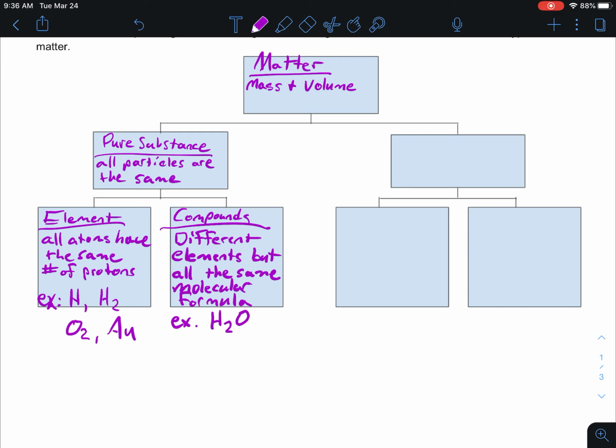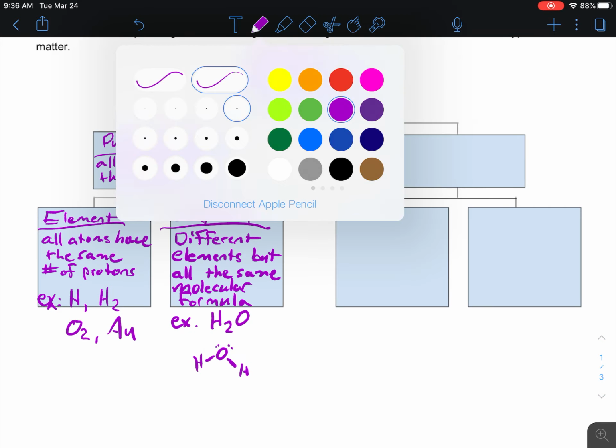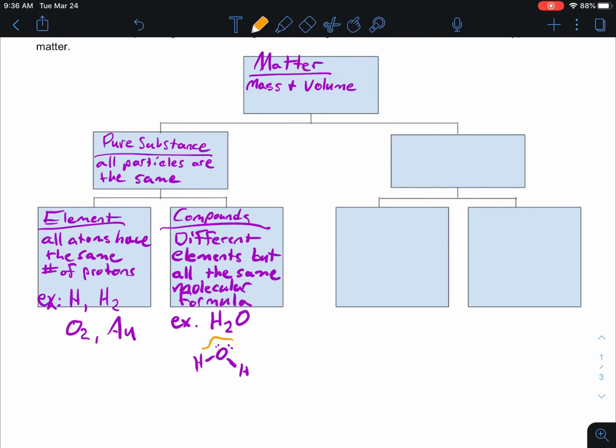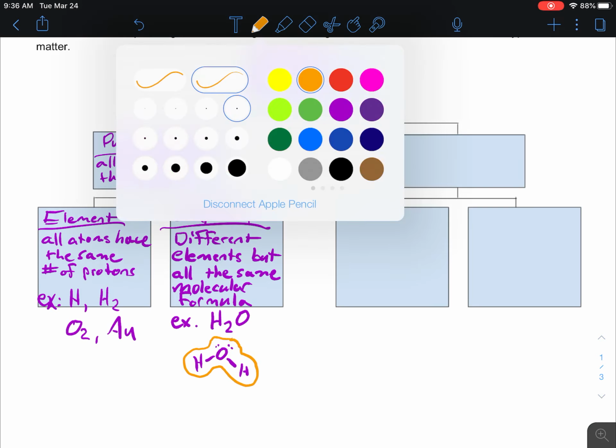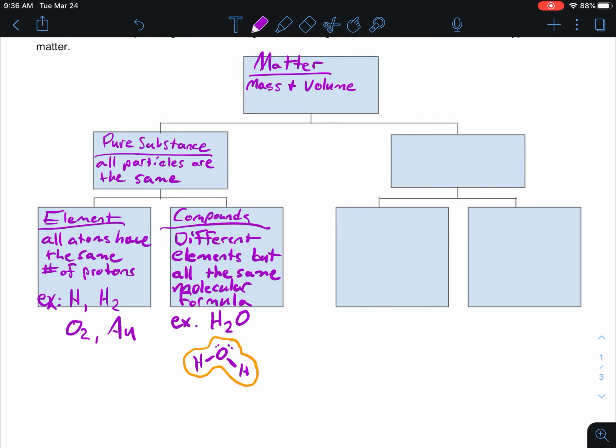You have an oxygen single bonded to a hydrogen. That's the particle. Your particle is the water molecule. So here is the particle. Now there are billions and billions of those water molecules.